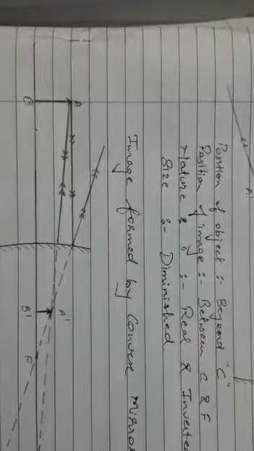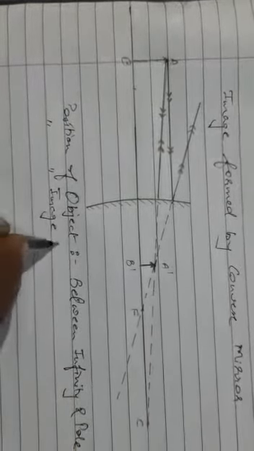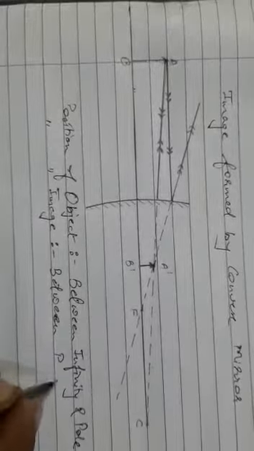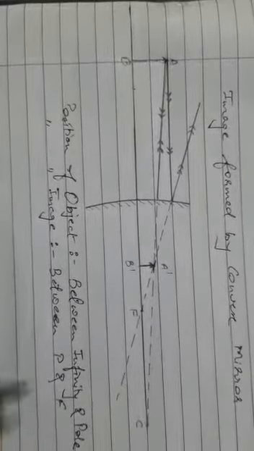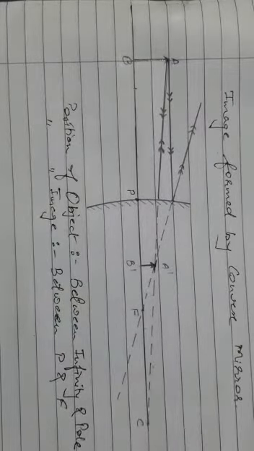It should be between infinity and pole here. Then position of image. The position of image where we are getting it is between pole, that is P, and F. It's between P and F. This here is point P, and this is between P and F.